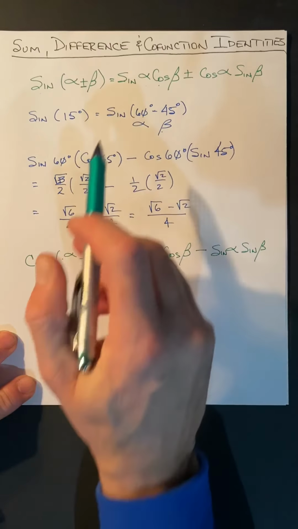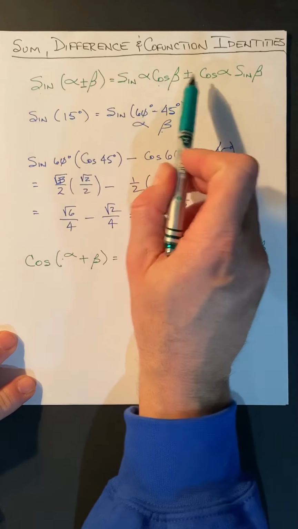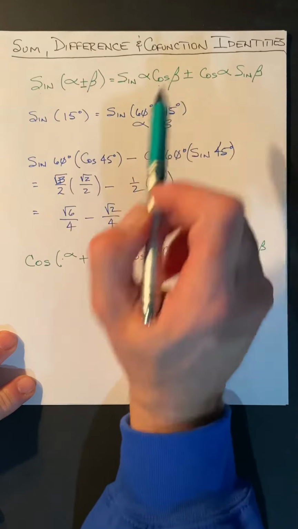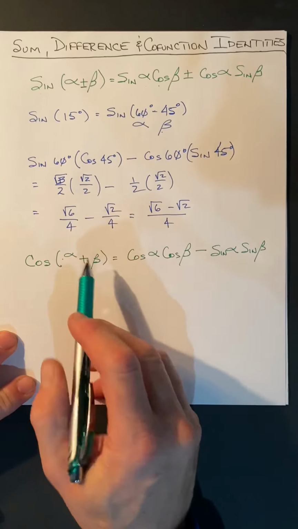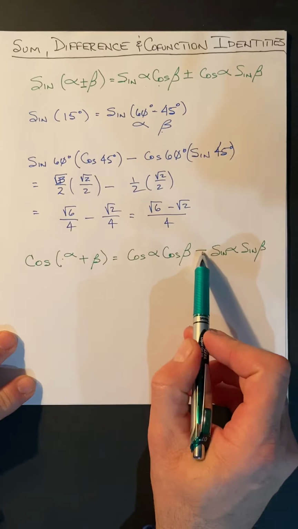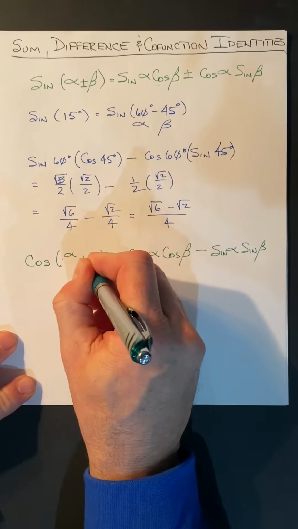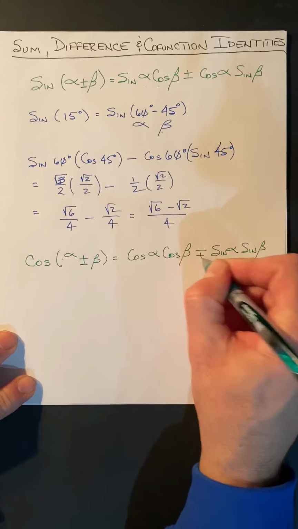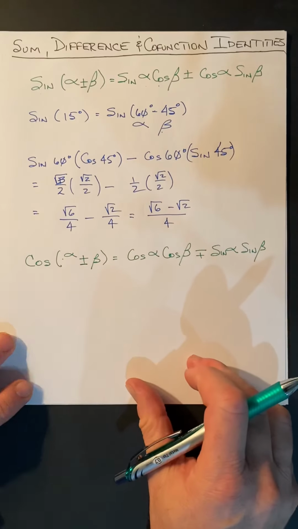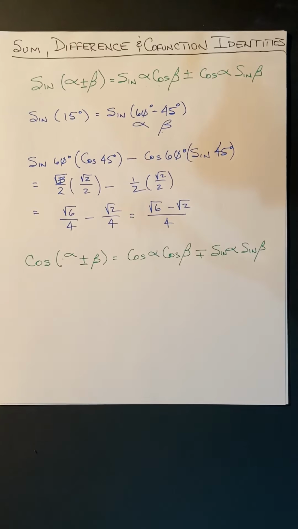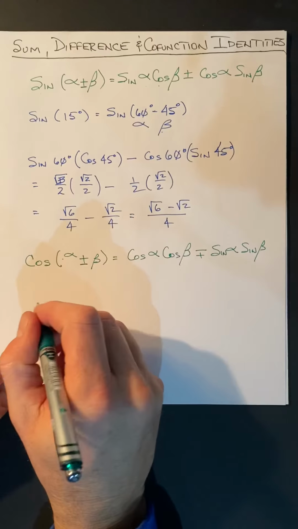Now notice, here the sine is plus, plus, minus, minus. With the cosine, it's plus, minus, and minus, plus, okay? So those are our sine and cosine sum difference identities. And of course, we have the same thing with tangent, all right?